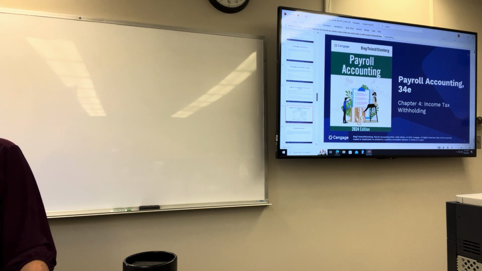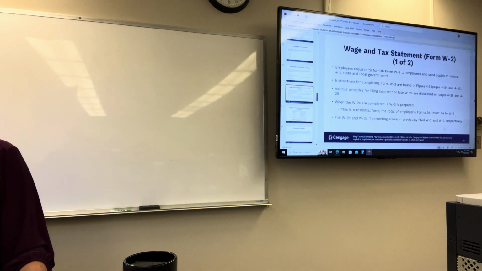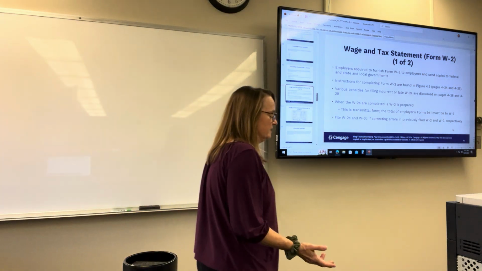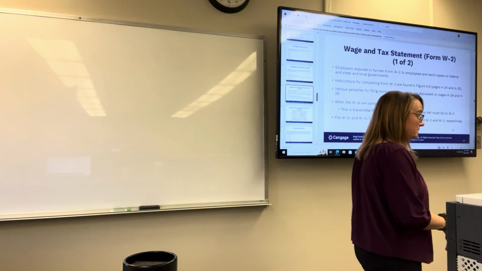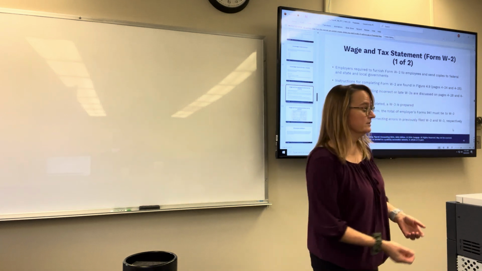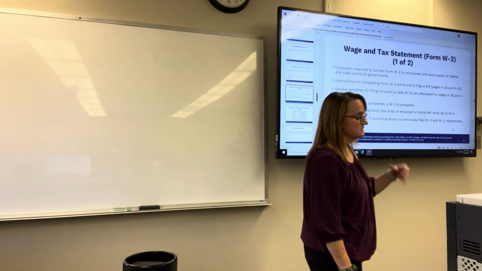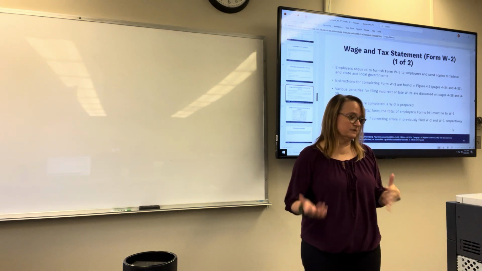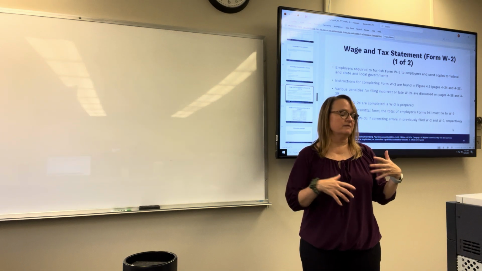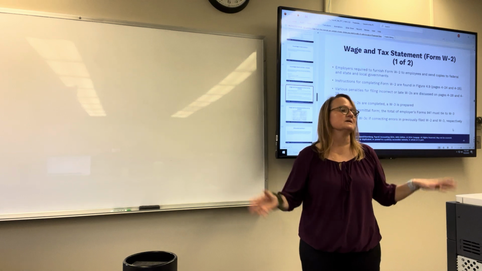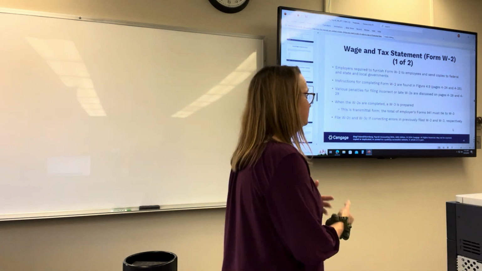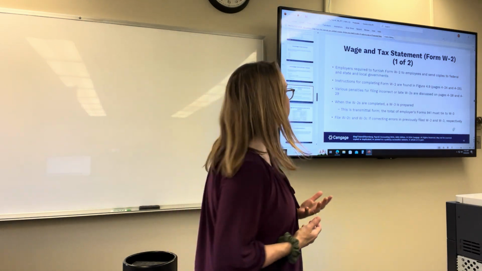So let's talk a little bit about the W-2 form. And most of you are probably familiar with W-2s. If you've had a job before, you've probably received a W-2 at the end of the year, at least you should have. And the W-2 form is a summary form of essentially everything that we've calculated so far, and it gets summarized onto these W-2s, and employees use the information in order to file their own individual tax return.